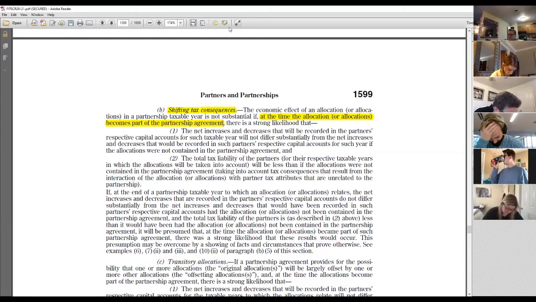If the partnership agreement is amended and the amendments relate to the allocations in question, then you're going to look at the date the amendment is executed. Then you have these 2 conditions. The net increases and decreases will be recorded in the partners' respective capital accounts for such taxable year. So that's one thing to note: with shifting, we're looking at a single taxable year.